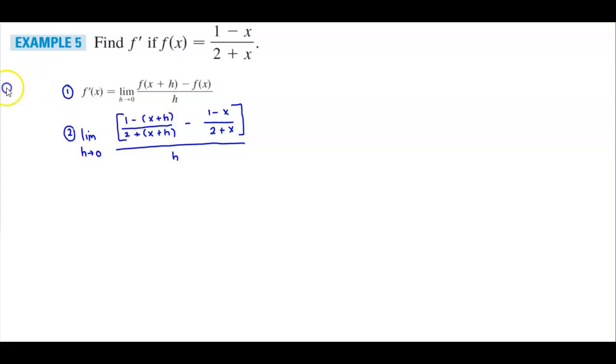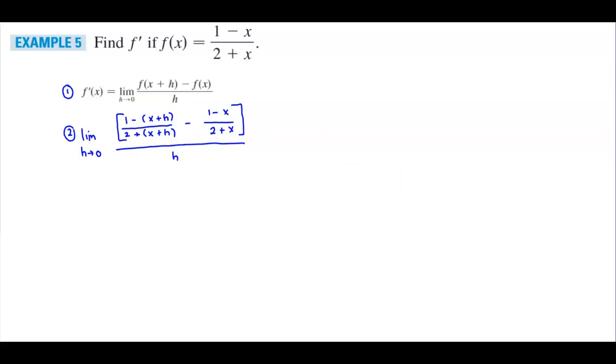Okay, now when we look at this problem, we have two fractions in the numerator, so we have two terms and one term in the denominator. So what we can do is multiply each term by the LCD. And what do we know about the LCD? Well, the LCD is 2 plus x plus h times 2 plus x.